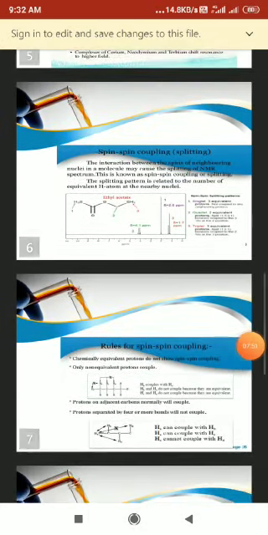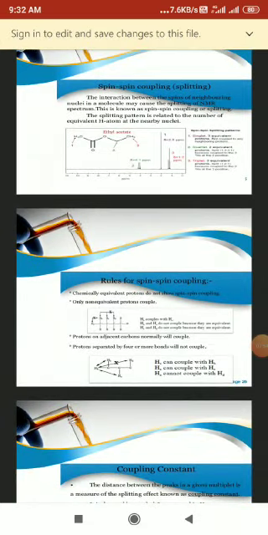Now we will see the rules for spin-spin coupling or spin-spin splitting. In general, the following set of rules may be very helpful in predicting or interpreting the splitting of proton signals. First rule: splitting of a proton signal is caused only by neighboring or vicinal protons.